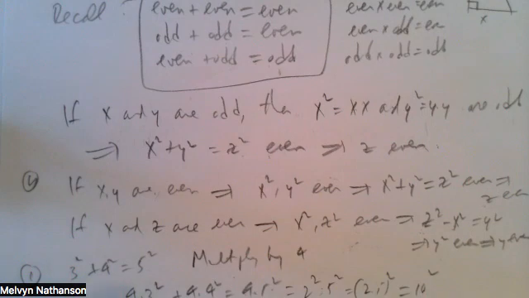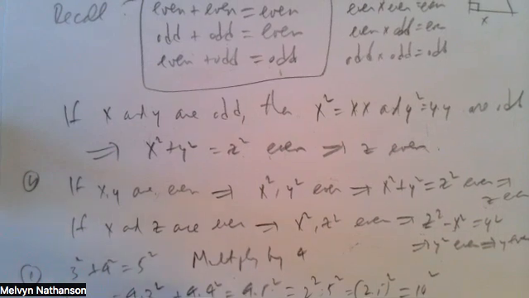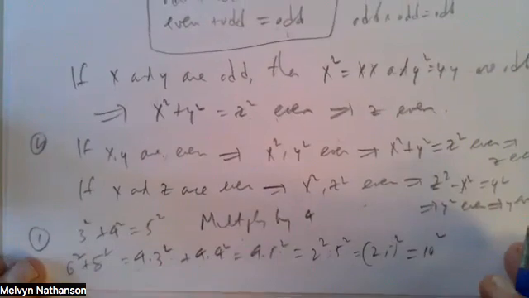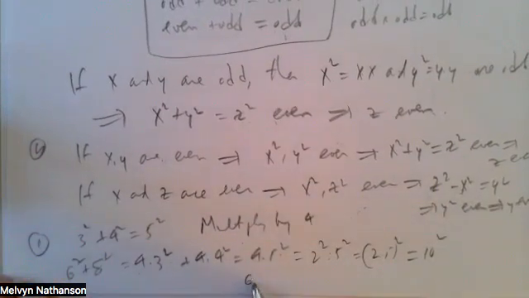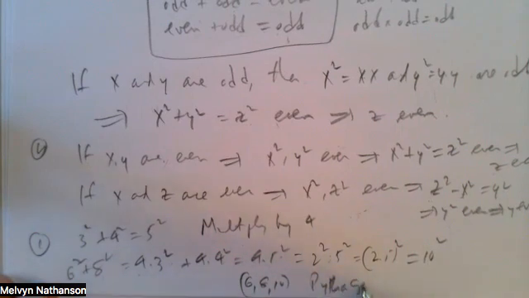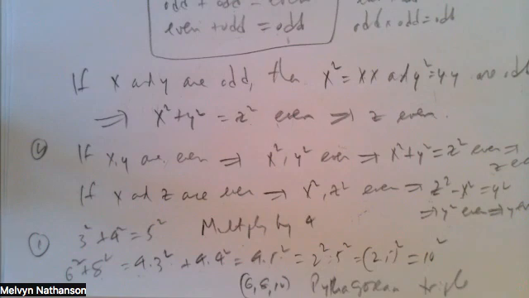Similarly, 4 times 3 squared is 6 squared, and 4 times 4 squared is 8 squared. So 6 squared plus 8 squared equals 10 squared. That's a Pythagorean triple with the numbers 6, 8, and 10, and they're all even.